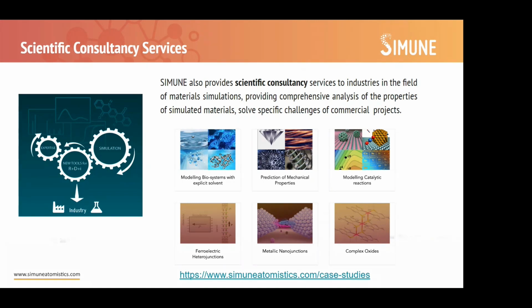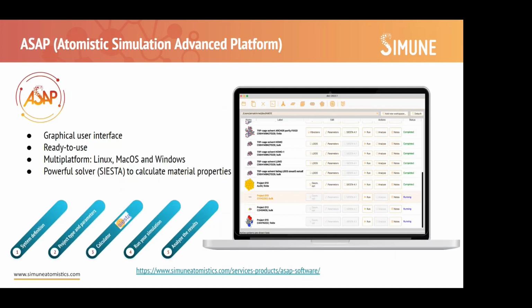We provide knowledge and overview of the chemical reactions and processes happening in new materials and existing materials as well. On our website, the link to which is given at the bottom, we have a number of case studies which you can check and see what exactly we can simulate and what kind of properties we can study.